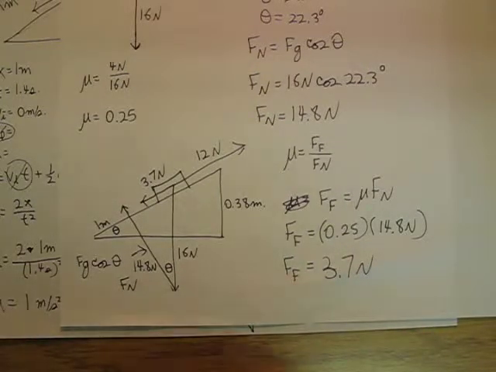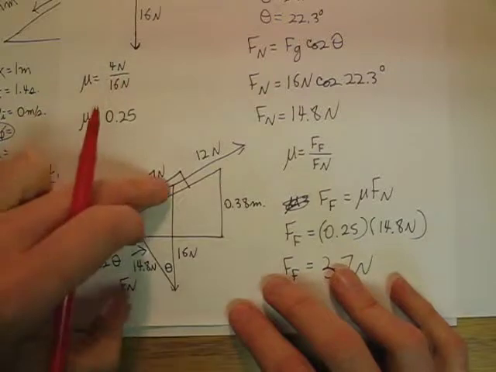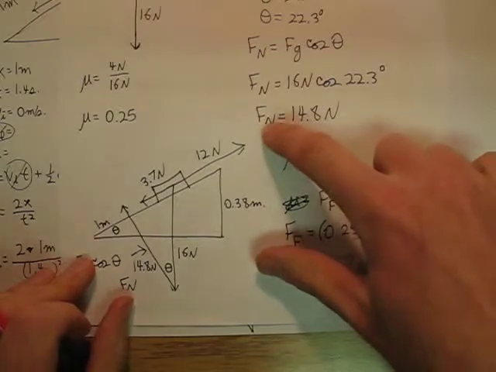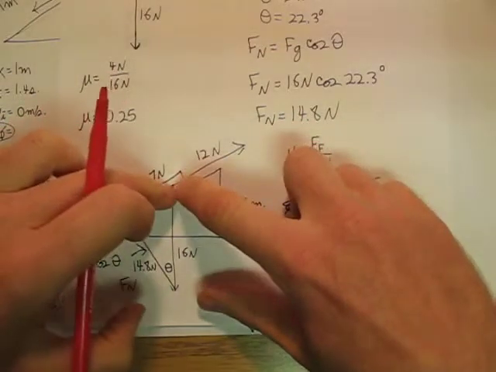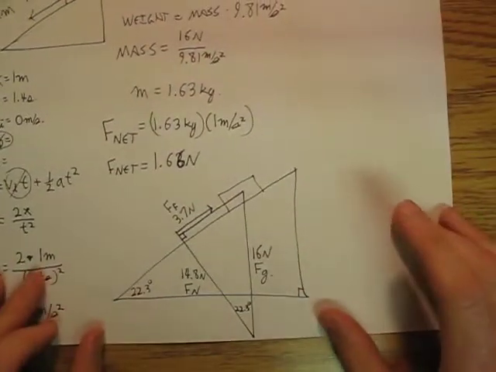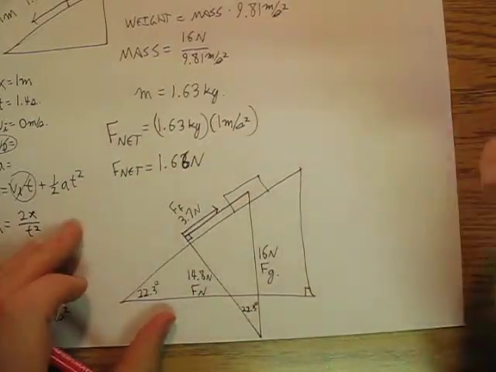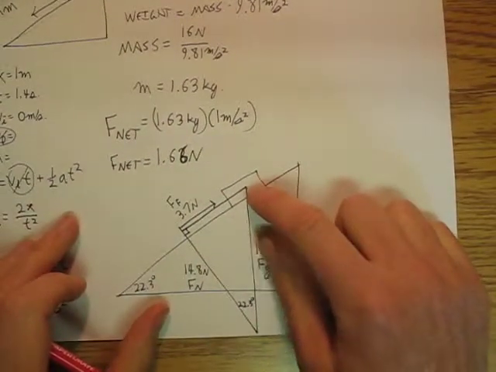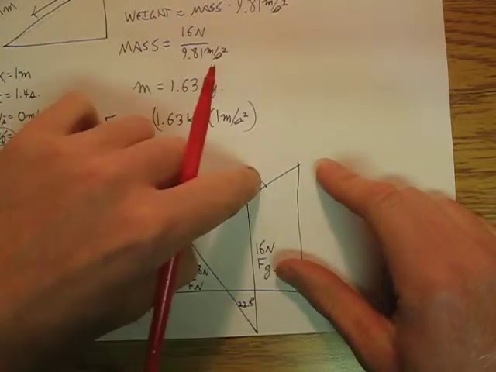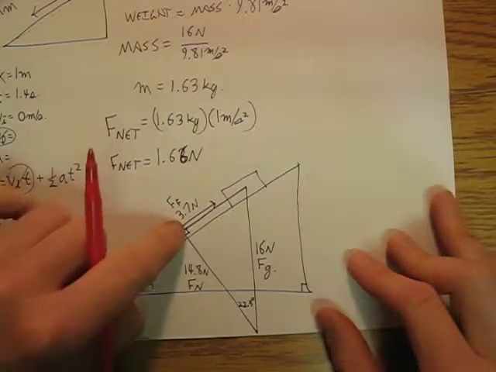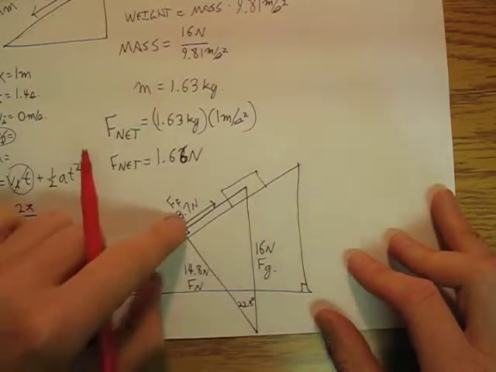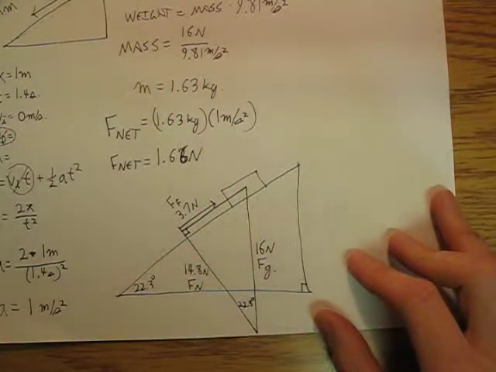In the previous example, I was pulling the brick up the incline, so friction was opposing me and pulling down. In this case, I'm letting the brick slide all the way down. I'm not pushing or pulling on it. Gravity is going to have it move in this direction, and since it's moving in this direction, force friction is going to go in the opposite direction. So the different direction of movement causes a different direction of force friction.